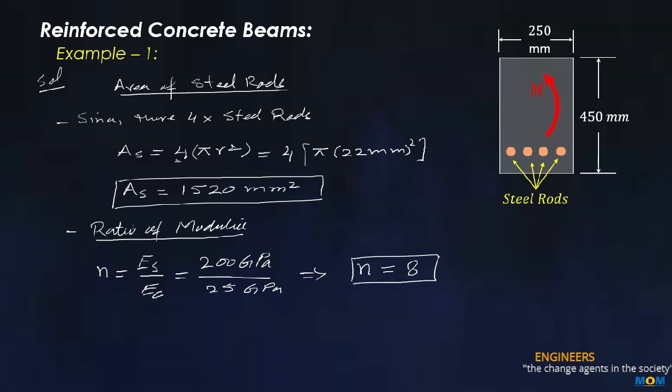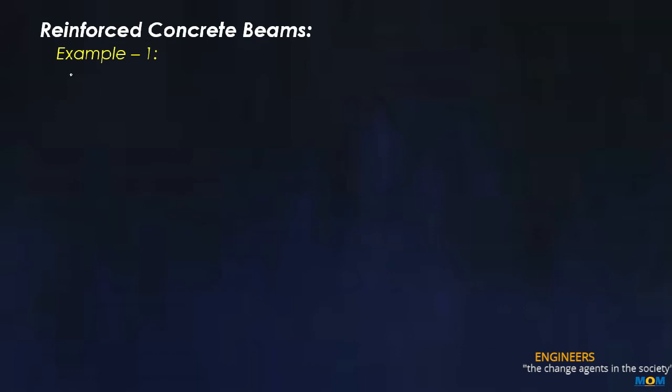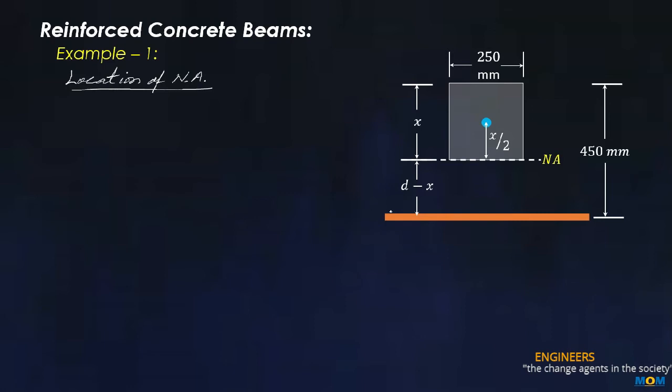Now to calculate the location of the neutral axis, we make a transformed section. In this, this is the area of the steel.